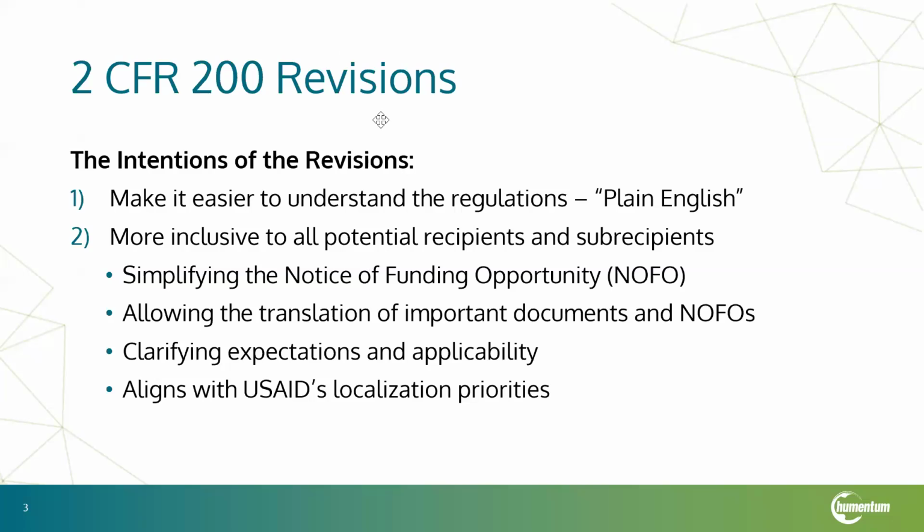And their expectations and the applicability have become much clearer, exactly what applies to a direct recipient, what applies to a subrecipient. And of course, clarifying the expectations and the applicability does interlink with USAID's localization priorities, as you can imagine. The easier it is to access US government funding, the more applicants that we will have.